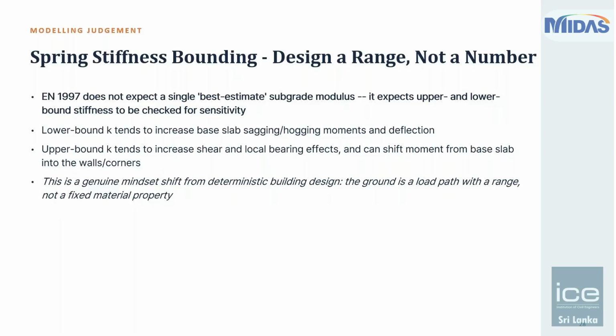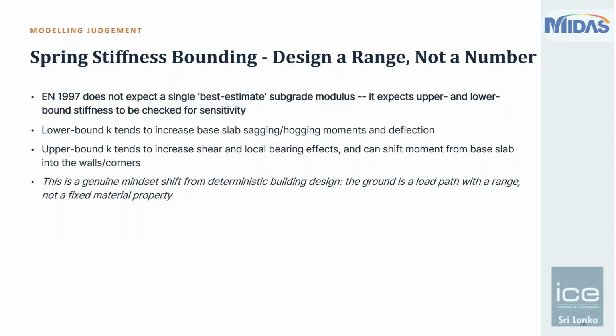That's one point. Now, the second point is that whenever we assume a soil spring stiffness of, say, 10,000 kilonewton per meter square per meter, I estimated this using 200 kilonewton per square meter of bearing capacity divided by 2.5 centimeters of allowable deflection, which is a very rough estimate and we should not depend on that. But for simple calculations, we generally tend to use those values. So based on that, you arrived at a bearing soil spring stiffness.